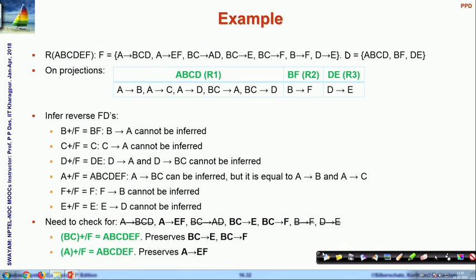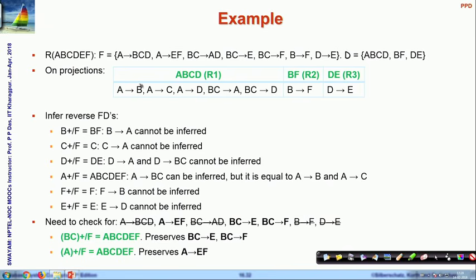Then you compute what is known as the reverse functional dependencies, that is, you take the right hand side and compute whether the right hand side can imply the left hand side. So, I will just show you one.